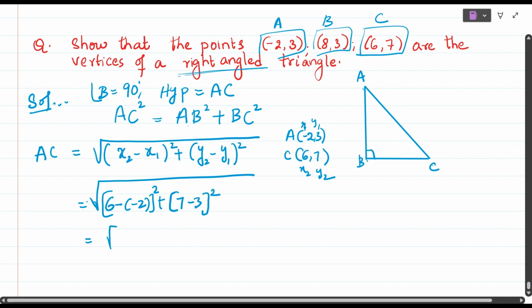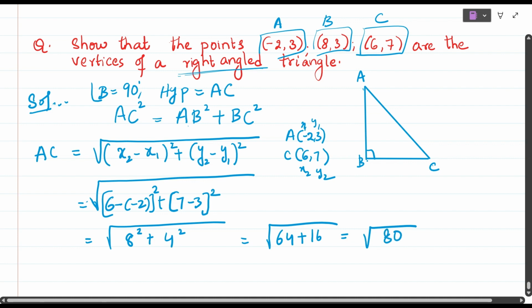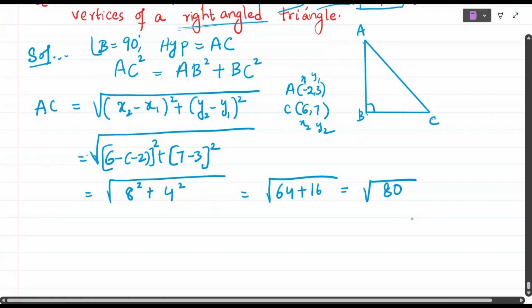Square root of (6 plus 2) whole square: 6 plus 2 is 8, square, plus 7 minus 3 is 4, square. So this gives square root of 64 plus 16, which gives square root of 80. Understood? Next, we will take the distance between B and C.